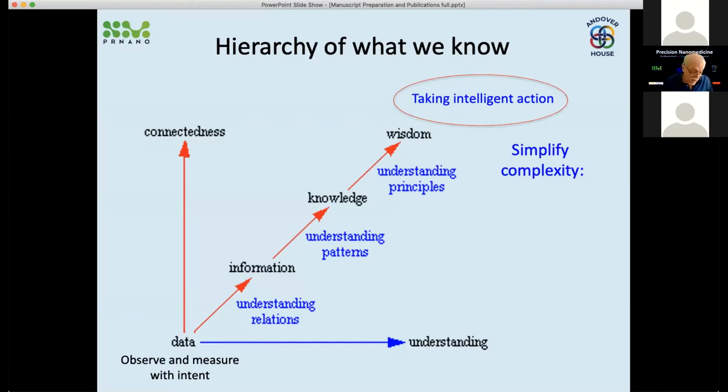This allows us to simplify complexity. Could it be more simple? I don't think so. And how much time did it take to arrive at this? And how many rejections did it take to arrive at this very simple expression?